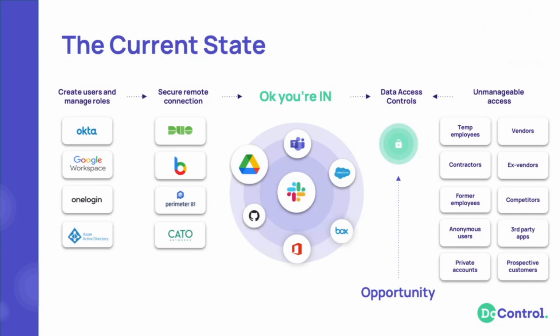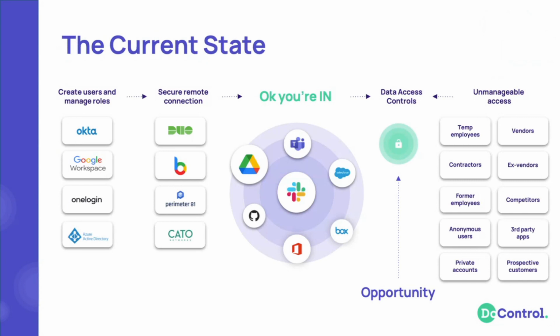Now, once you have that, you have to provide those users a secure connection. So typically a zero trust network access solution is instrumental in brokering a secure connection for those identities, from whatever devices they're logging in from, to connect to whatever critical target applications they need to do their job effectively, right?